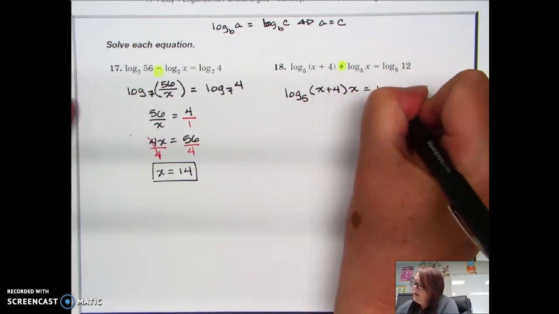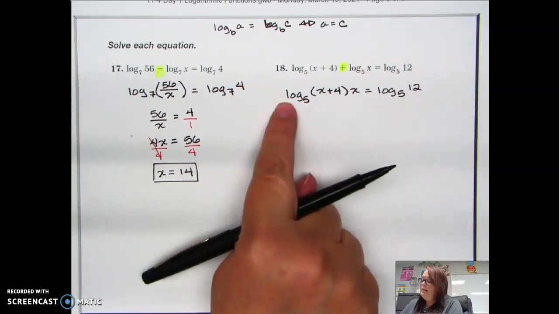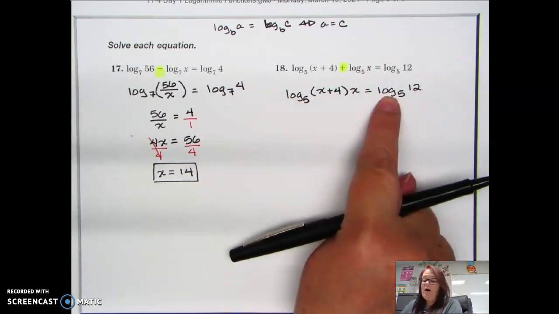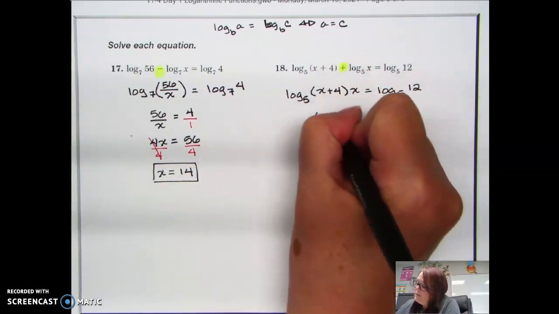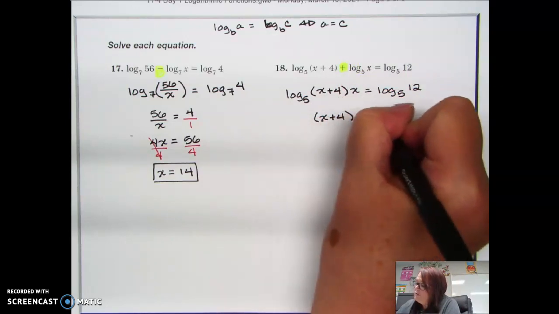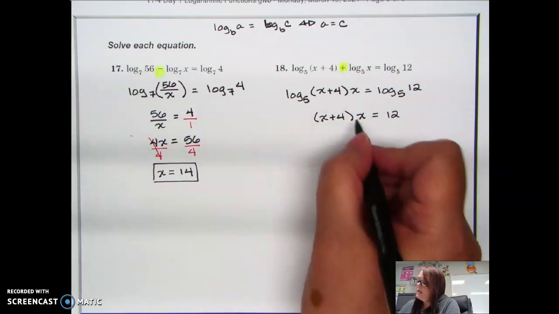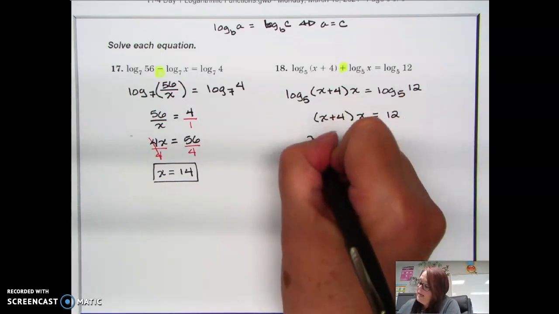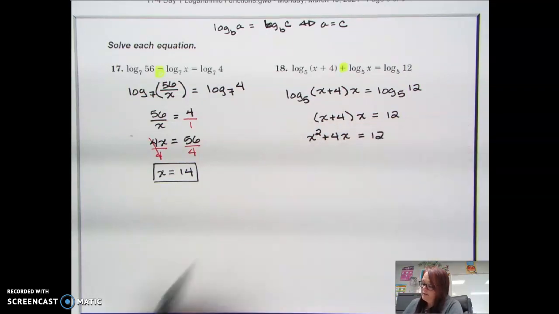And then on this side, we have the log base 5 of 12. Now that I have a log equal to a log and they both have the same base, I can say that x plus 4 times x is equal to 12. Distributing the x, we get x squared plus 4x is equal to 12.